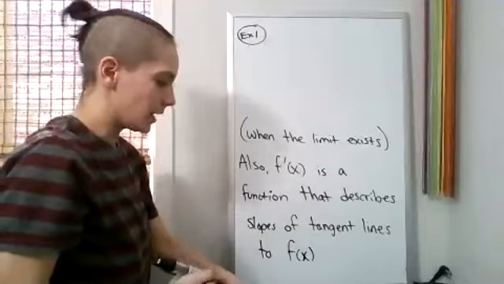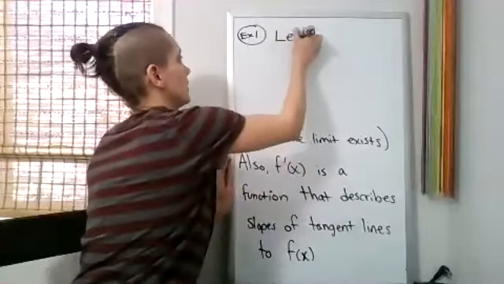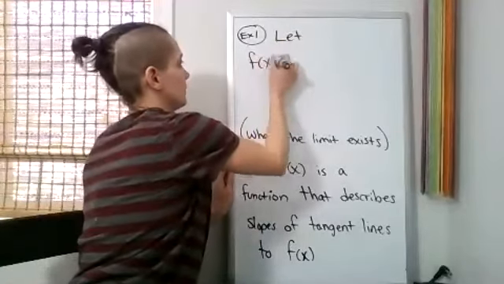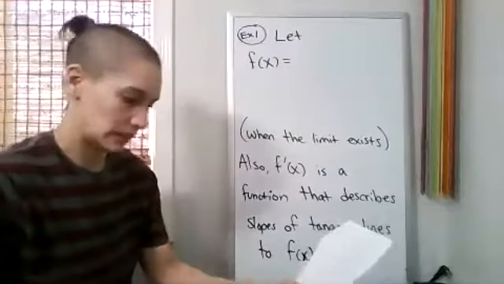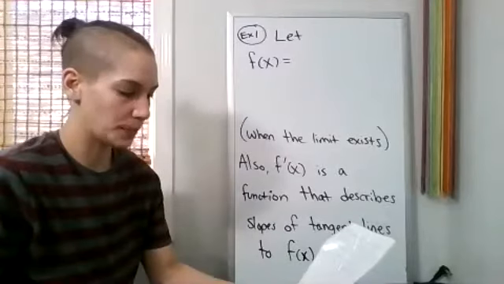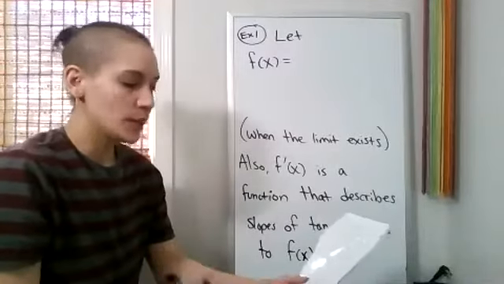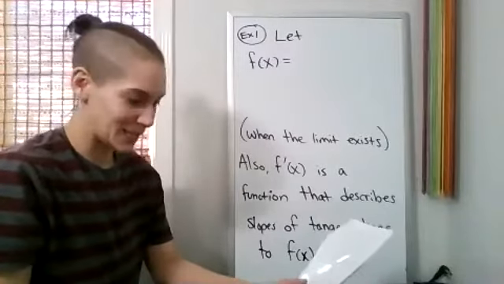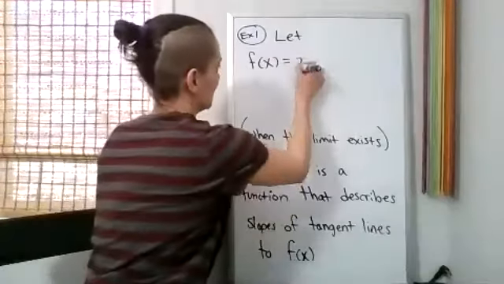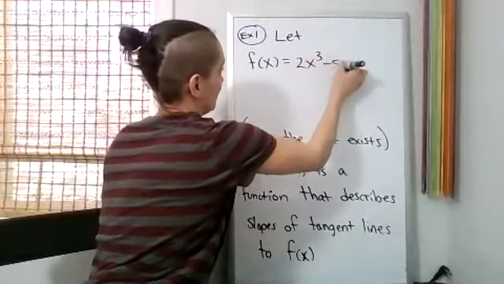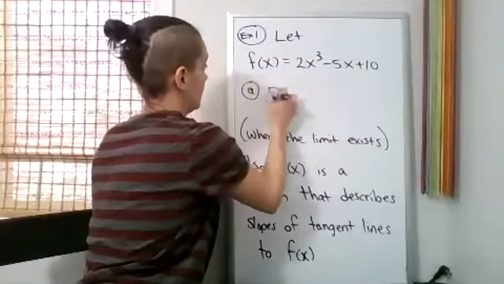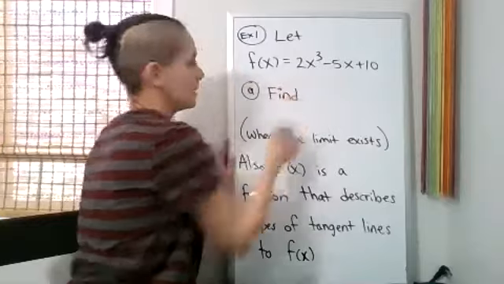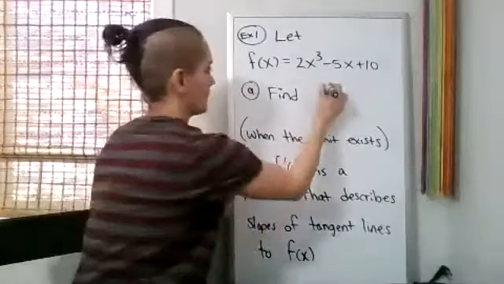Let f of x be 2x cubed minus 5x plus 10. And then first we're going to find f prime of x.